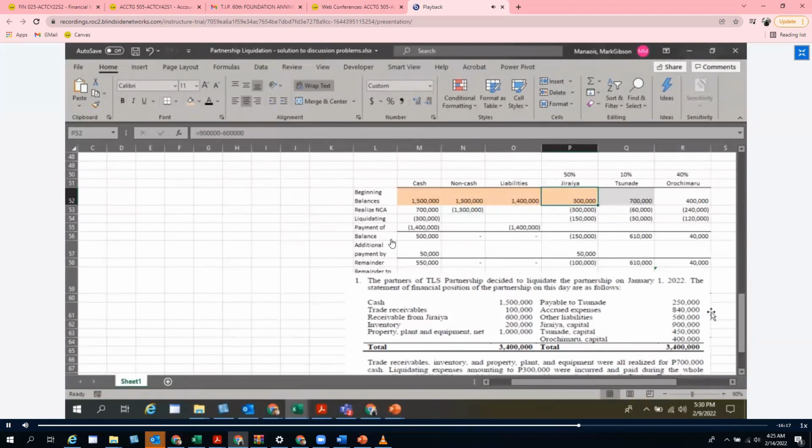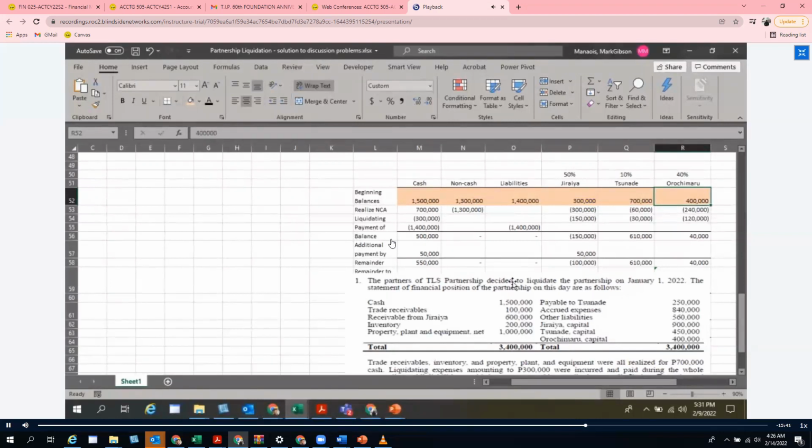Tsunade has 450,000 pesos, but the partnership has a payable to Tsunade amounting to 250,000. So we have to add it to his capital balance, so Tsunade now has 700,000 pesos capital. Of course, Orochimaru is given, so that's 400,000 pesos.